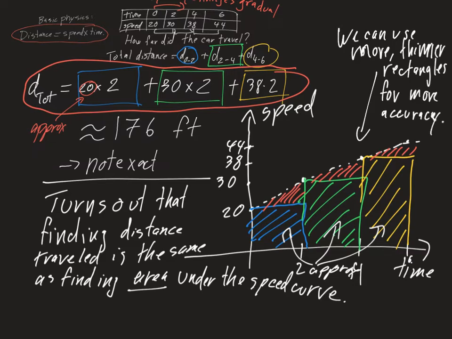Now obviously that's not possible in this specific example up here, because you do not have enough information given in this table to be able to do more rectangles. But if you had this full speed function, this entire curve, which I've drawn in as this dotted white line, it would be possible to use more of these by just sampling the curve at more positions.